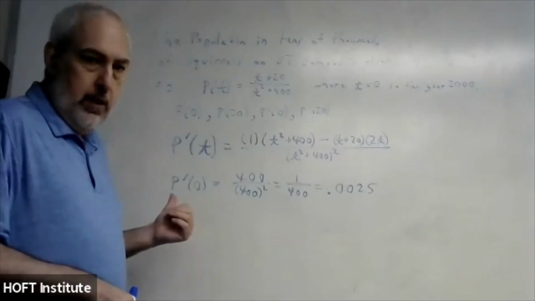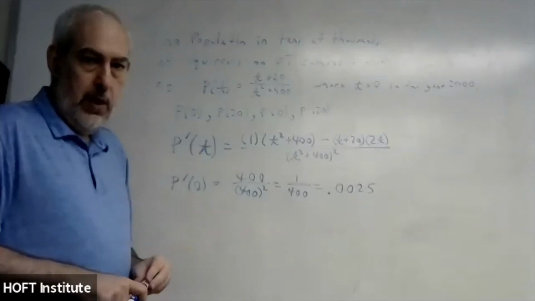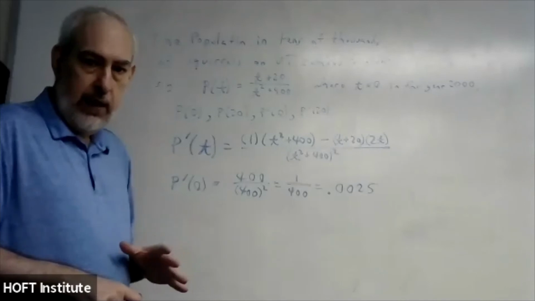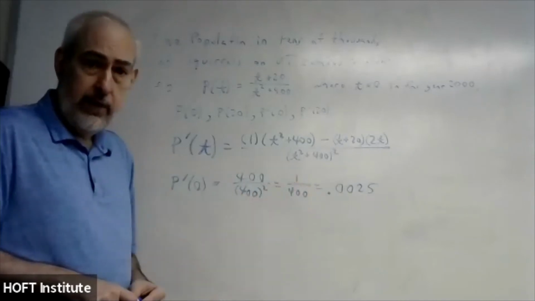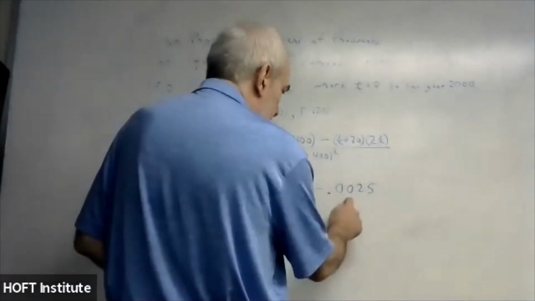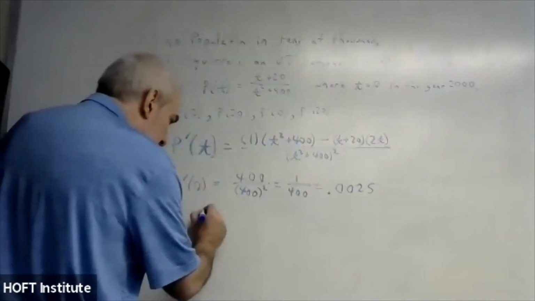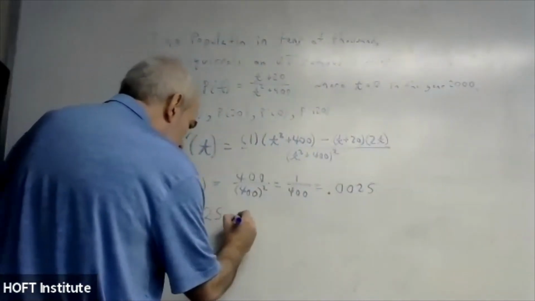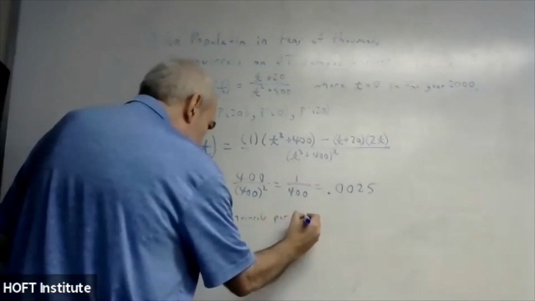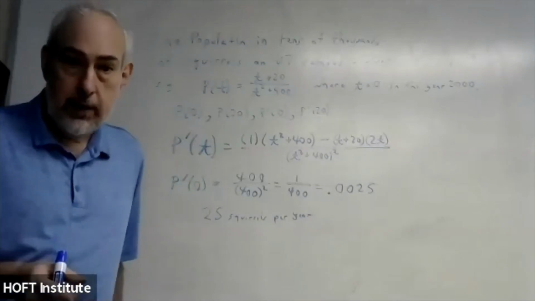Okay. And then we need to interpret this. The derivative of p at 0 is the rate of change of the population with respect to time. And remember, populations in tens of thousands, so we need to once again multiply this by 10,000. So that would be shifting the decimal place 4 places to the left, which would give you exactly 25. So this means that 25 squirrels per year, that's the rate at which the population's growing.